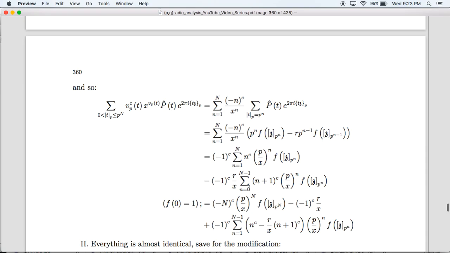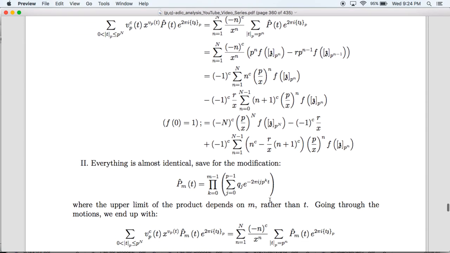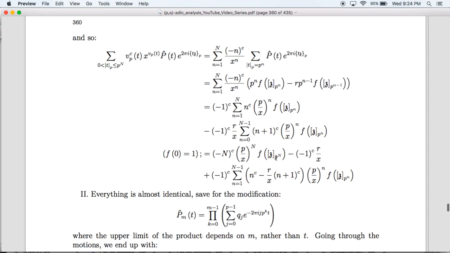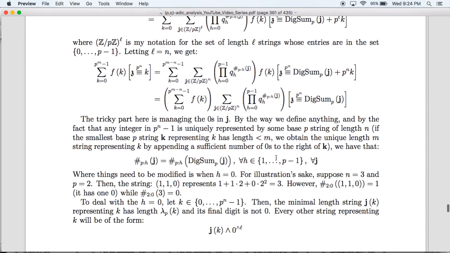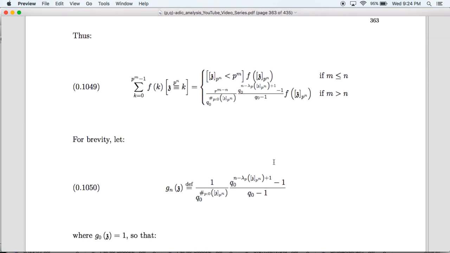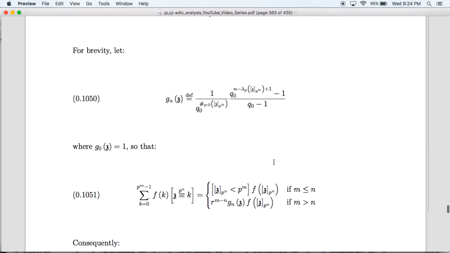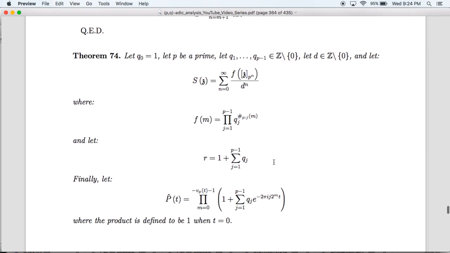And so the re-indexing here, this is going to become an n plus 1, and then we cancel. And it works out. And this part is very horrible. Just very horrible. Lots of details, because you have to deal with the zeros and the non-uniqueness of representations. And as you can see, it becomes quite awful.